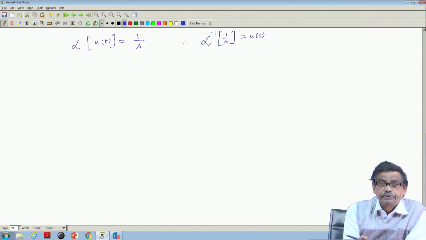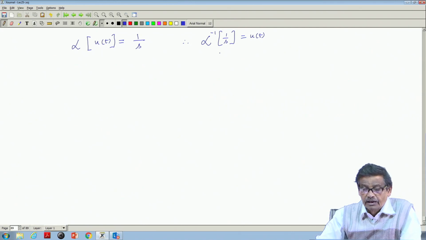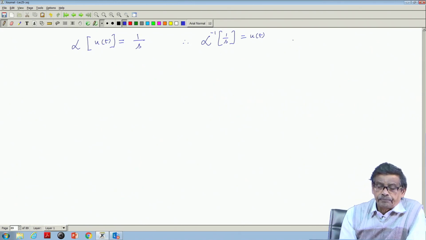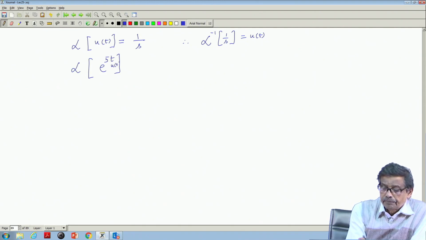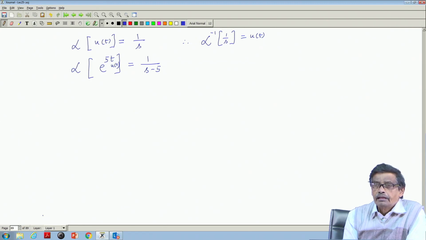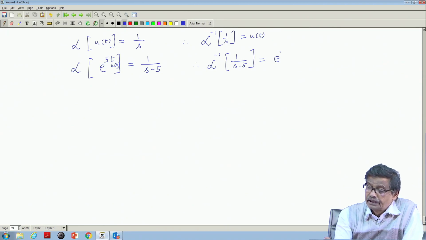So, look at the description on the right hand side, try to fit it with some transform formula, then you are done. For example, Laplace transform of e to the power 5 t into u t is equal to 1 over s minus 5, correct. Therefore, the Laplace inverse of 1 by s minus 5 is nothing but e to the power 5 t into u t.